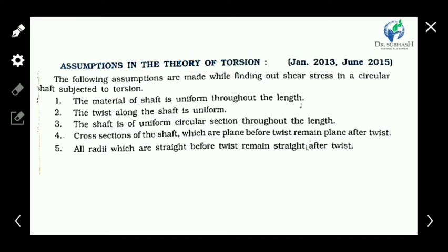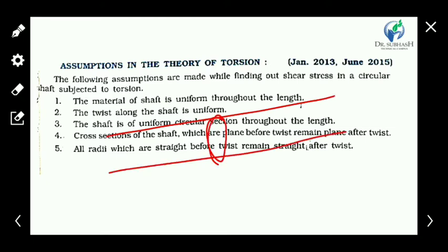The cross section of the shaft, which is plane before twist, remains plane after twist. Before and after twisting, the cross section remains plane and does not change. Suppose this is the shaft and you consider this cross section.